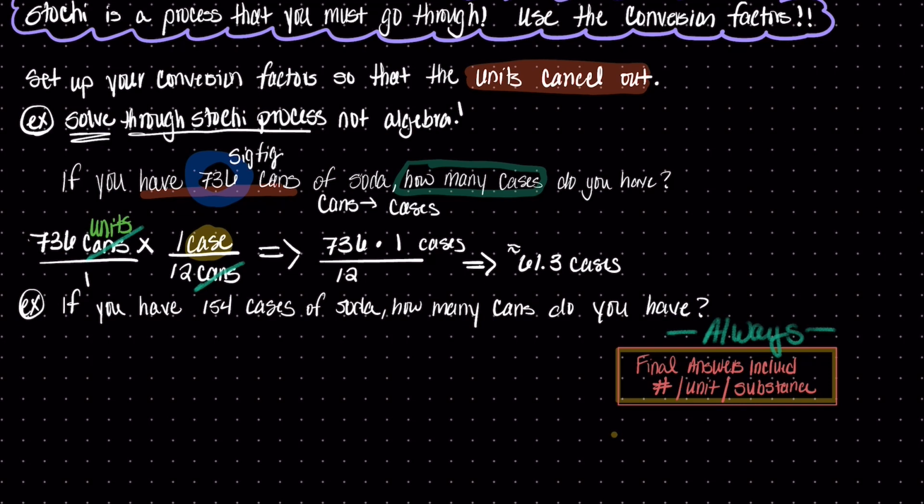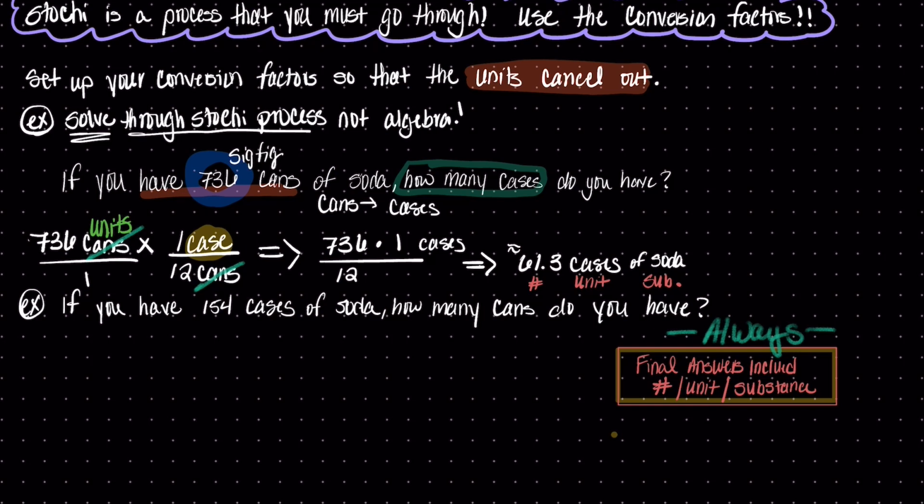But notice something special. I have a number, a unit, and I have 61.3 cases of what? Of soda. That's my substance.